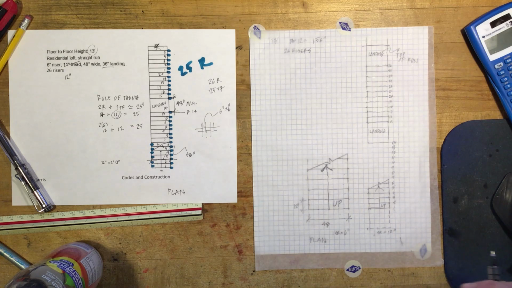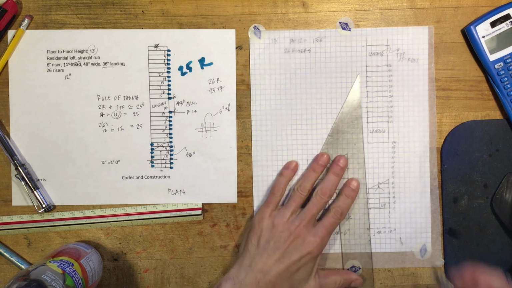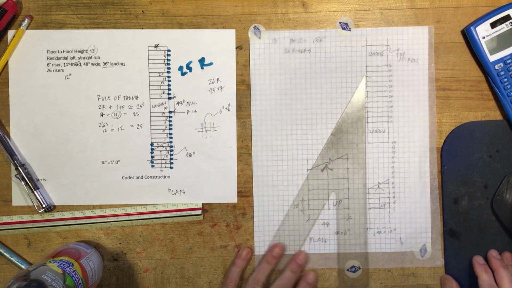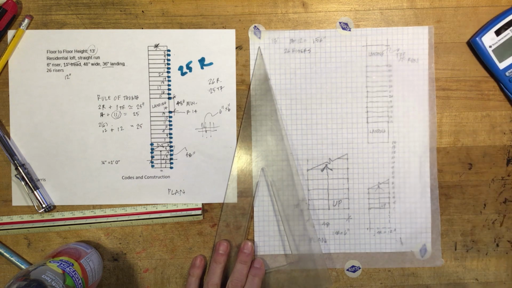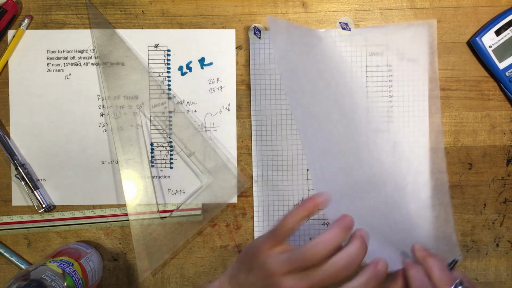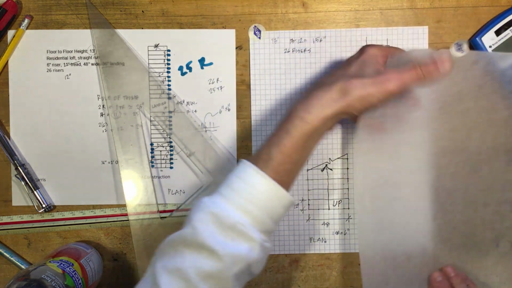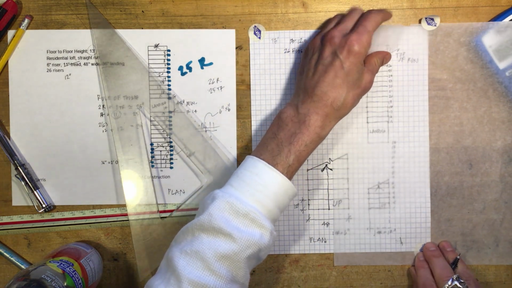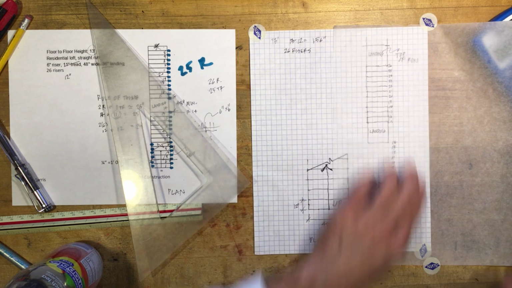A little bit easier to do with a straight edge. Actually, let me move this over. So I'll do the up and down drawing kind of next to each other.